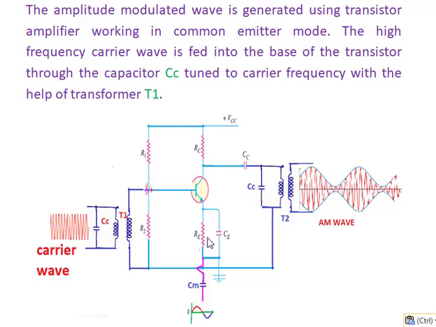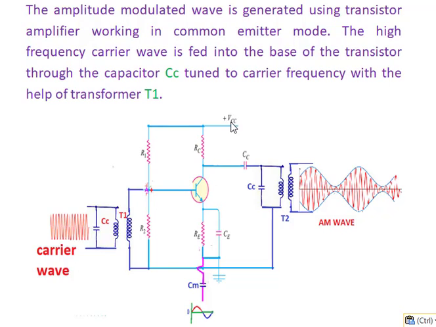The emitter is biased using the resistors RE and CE, as it is always given a forward bias. A negative potential is given to the n-type material. Base is always given a forward bias.